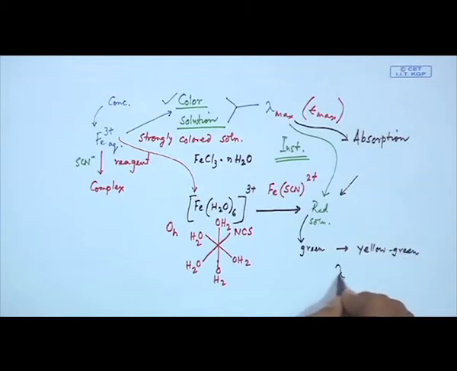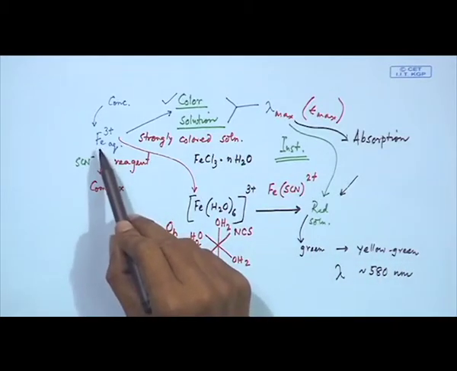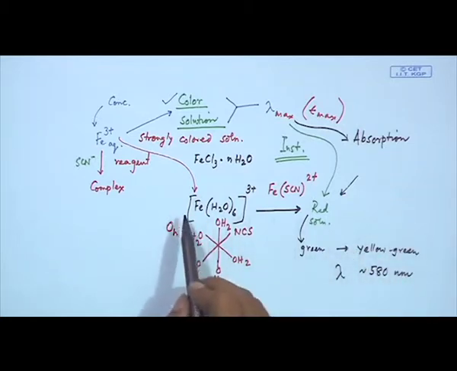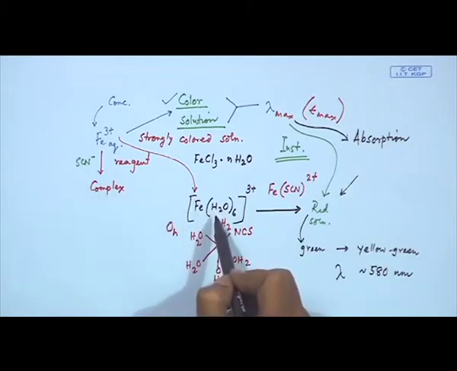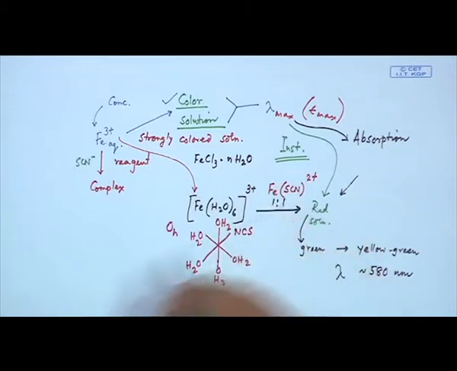That is why we get the lambda now. So, lambda will be in the range of 580 nanometer. If we have some unknown iron solution, what will you do? All the information is in your hand now: you add the thiocyanate, which will react with it, and the stoichiometry should be controlled, it should be 1:1.